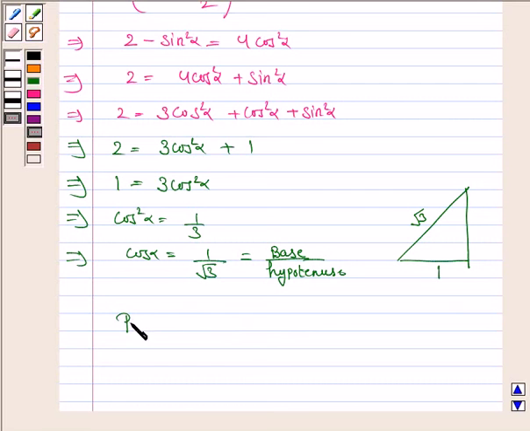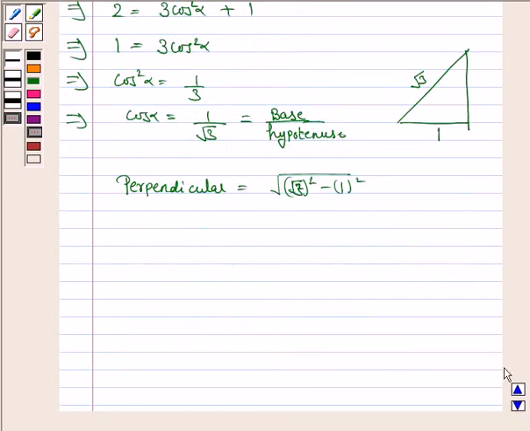So the perpendicular is equal to the root of hypotenuse square minus the base square. So this is equal to root of 3 minus 1, and this is equal to root 2. So the perpendicular is root 2.